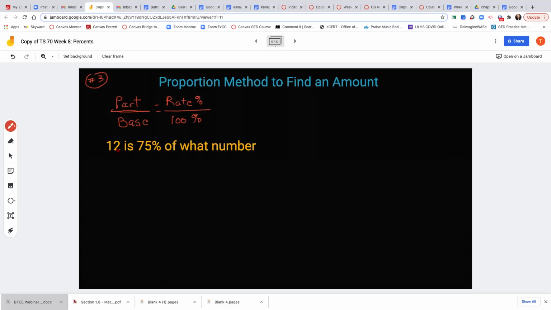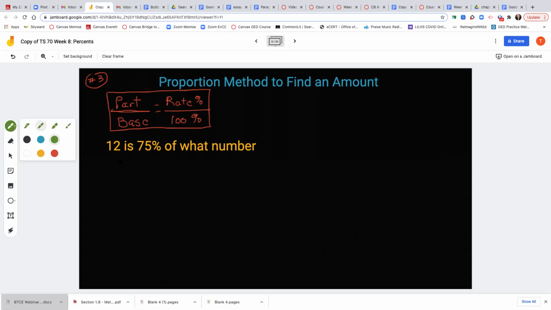But this is it right here. It's this little box right here is the method. Okay, I'll put a box around it so it's clear. The part over the base equals the rate or percent over 100%. Okay, and that's the method. Now, some people like this method, so I'm going to show you what I mean by that.